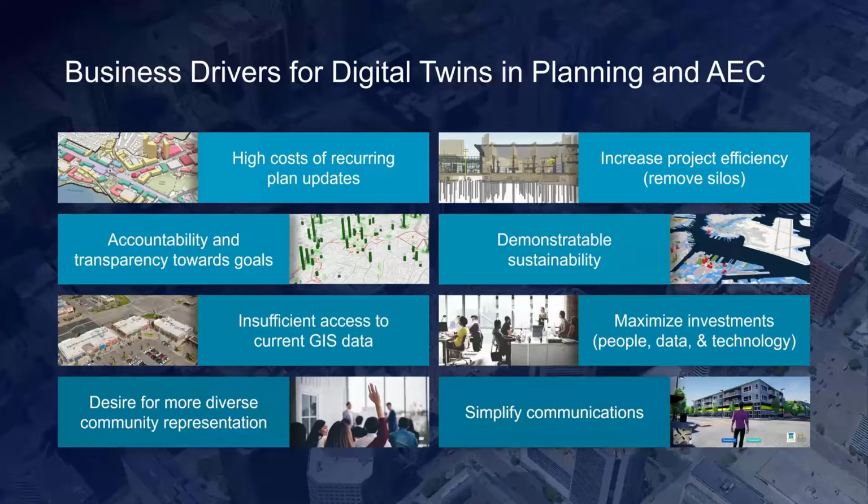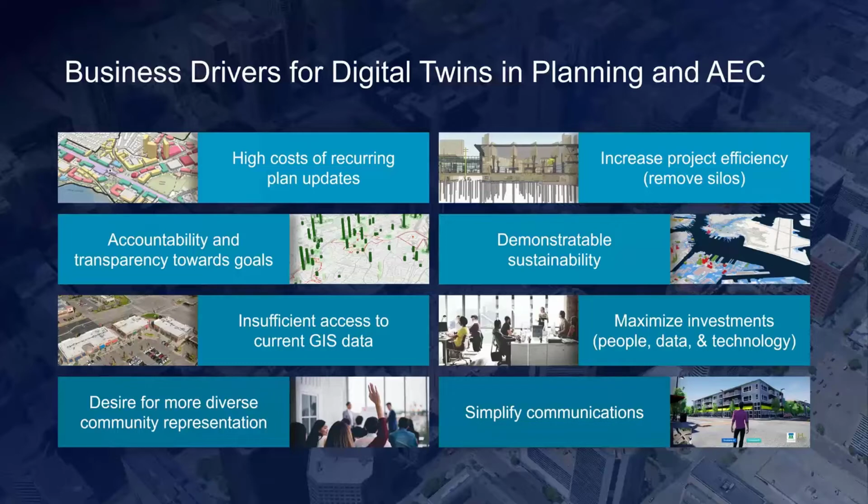So the digital twin, thinking more strategically, starts to pull us out of those silos. And that allows us to create better accountability and transparency towards our goals and demonstrate sustainability. So not just say that we're sustainable, but actually demonstrate that sustainability between the built and natural world. And it really highlights this insufficient access to the current GIS data.